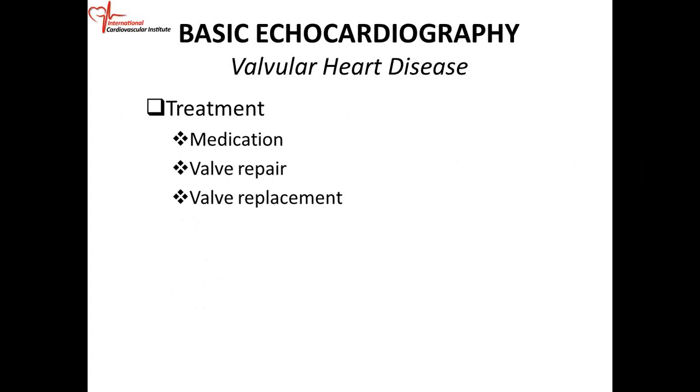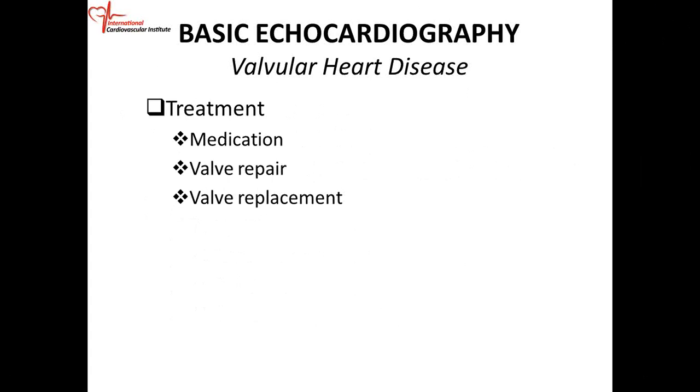If you can repair it, the valve that lends itself readily to repair is the mitral valve. So the mitral valve, if it's repairable, you repair it. Sometimes the tricuspid valve, especially in patients with a ruptured cord from traumatic chest injury, you can repair. But the majority of the time, you're going to have to replace the valve, remove it.